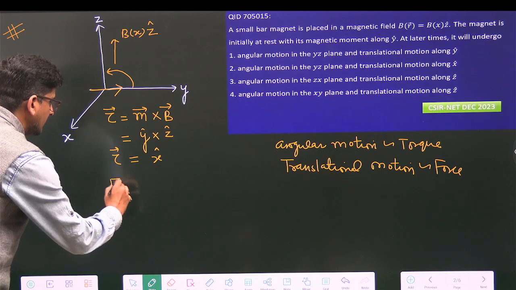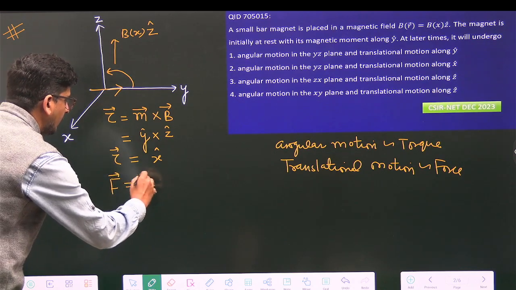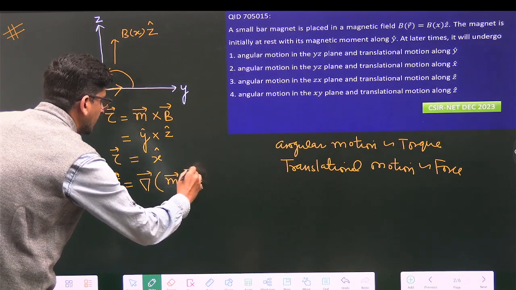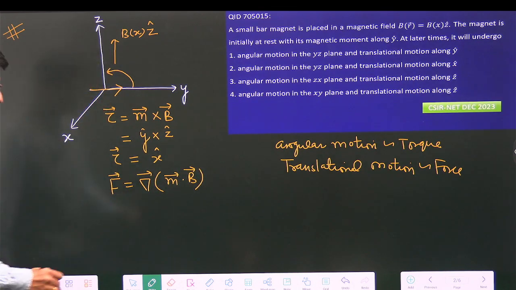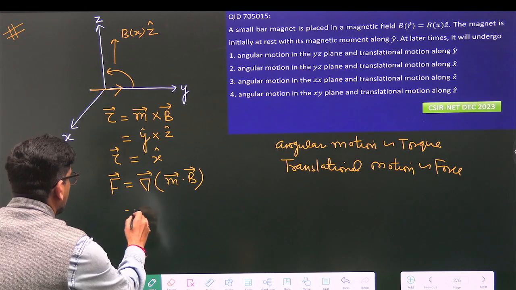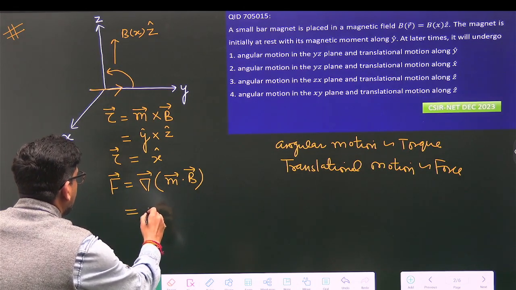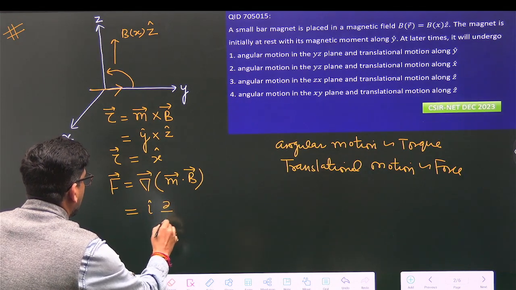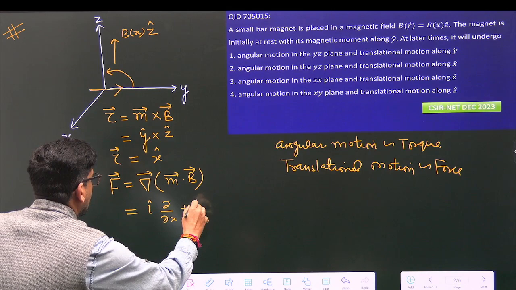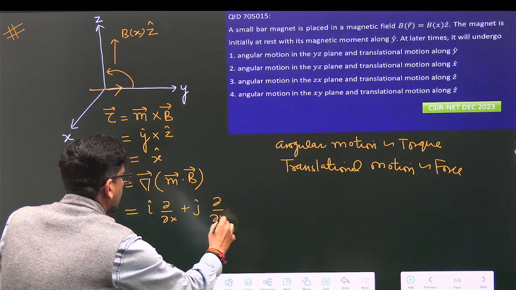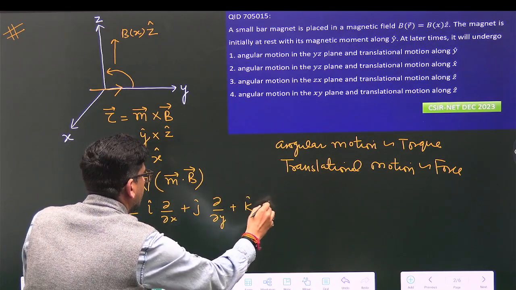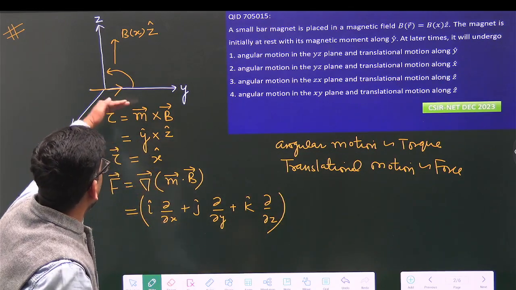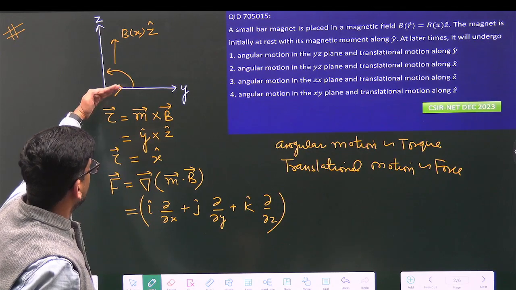So the force is given by gradient of m dot b, okay? So this is equal to some gradient, let us take some i cap del by del x plus j cap del by del y plus k cap del by del z into, and now it is not like this, it has moved a little bit.